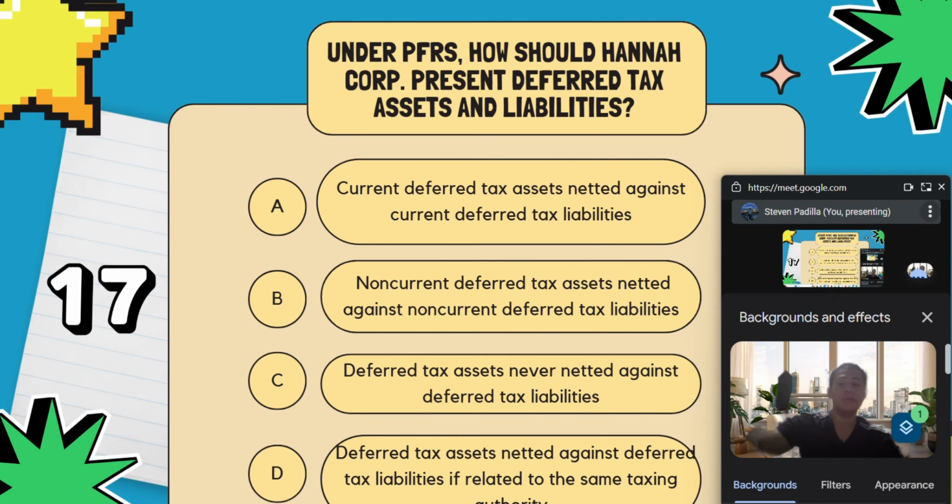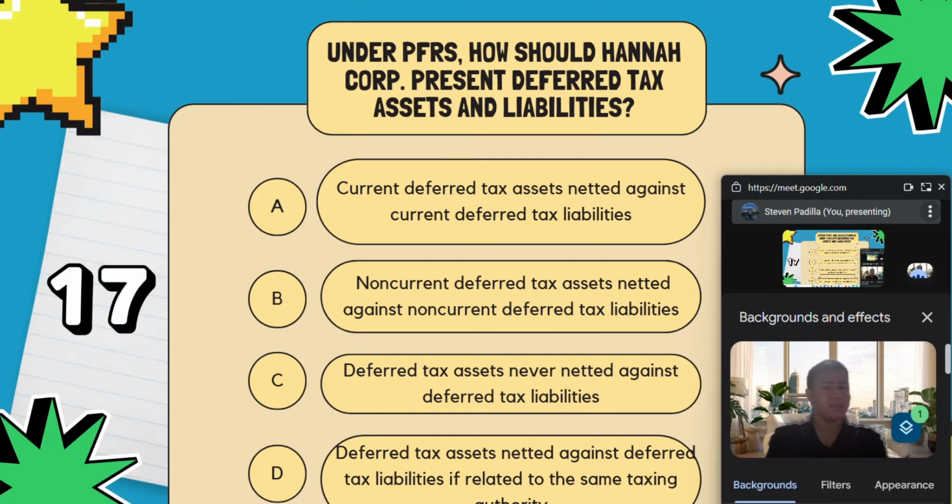Number 17: under PFRS, how should HANA Corporation present deferred tax assets and liabilities? Under PFRS, deferred tax assets and liabilities are always presented as non-current.